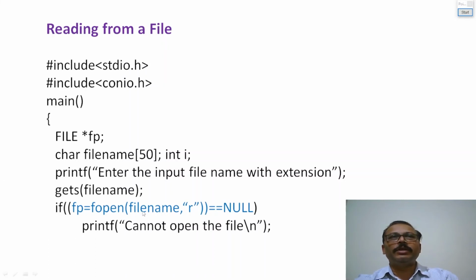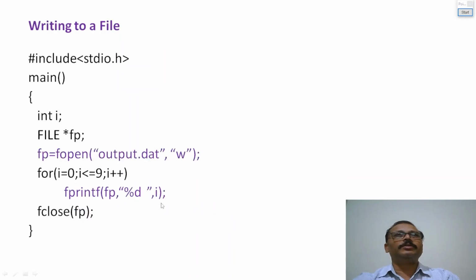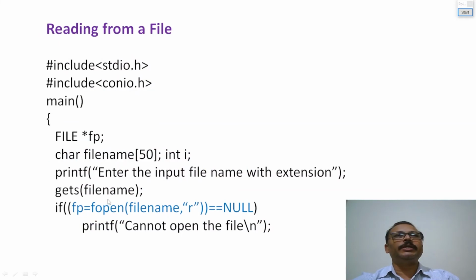Here you can directly specify output.dat, only to indicate that you can read the file also. I have used this. So fp = fopen, or equal to NULL. NULL means you cannot open the file, it doesn't exist. In that case, you generate some error message.